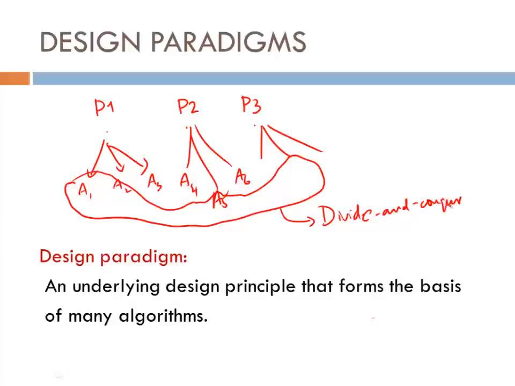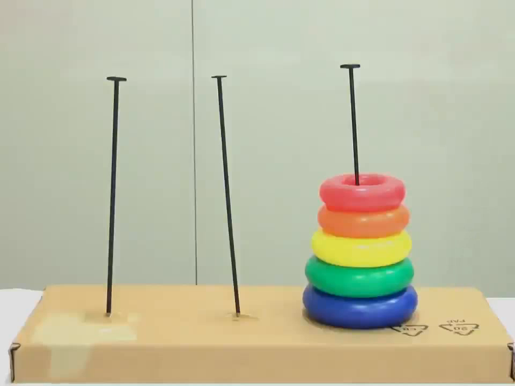So in order to tell you what a design principle really is, I'm going to introduce you to a puzzle called the Towers of Hanoi, and using the solution to this Towers of Hanoi problem, we will see what a design principle is.